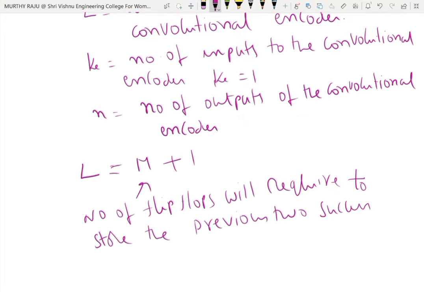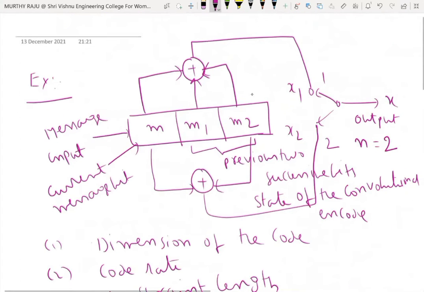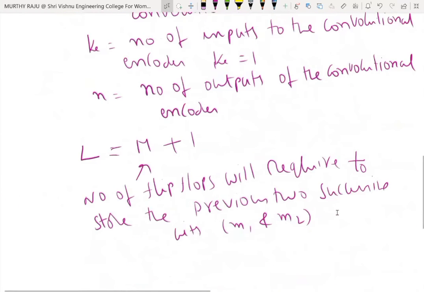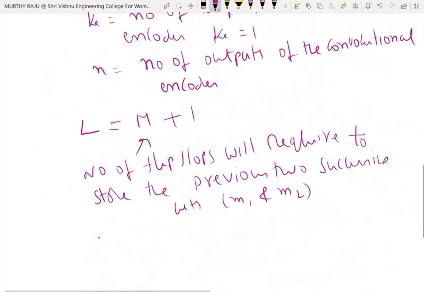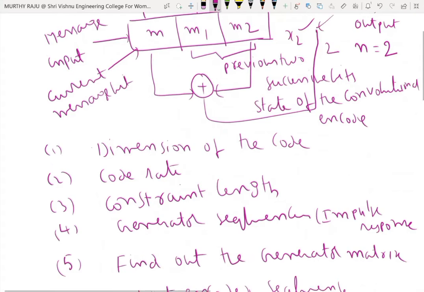In this example, the 2 successive bits are m1 and m2. That means 2 flip-flops are required to store the successive bits. 2 plus 1, that is, the constraint length is 3.